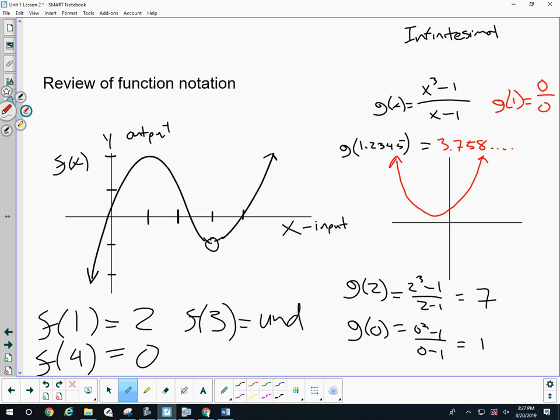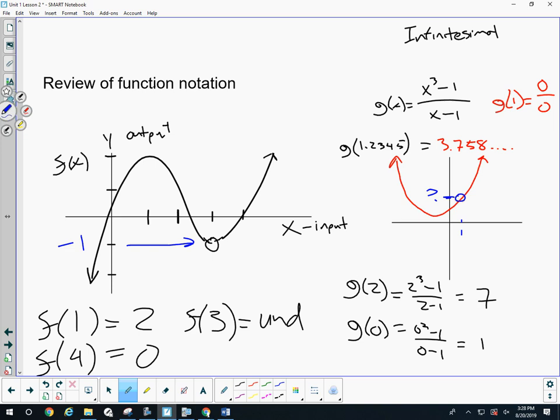So, turns out we have a hole somewhere on this graph of G. My calculator doesn't show it, but it's there. Now, my question is, what location is that hole at? I know it's above 1, but where is it in terms of the y coordinates? Now over here, I can see that the location of this hole in terms of its y coordinate is -1, right?